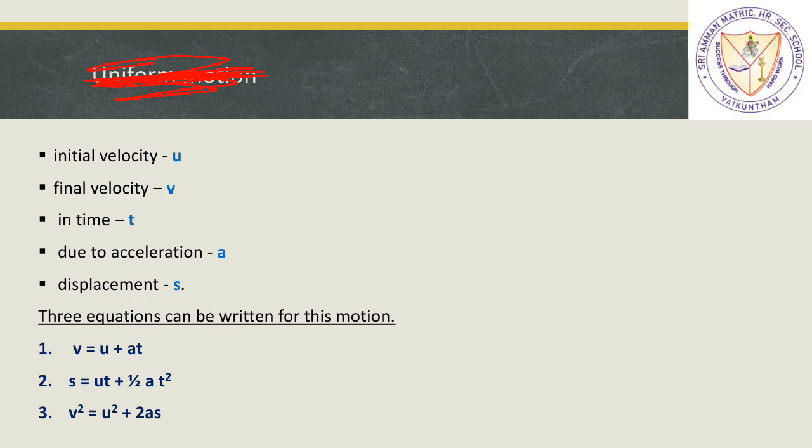When I was teaching you about acceleration, I introduced you to these symbols, where we wrote a is equal to v minus u whole divided by t.